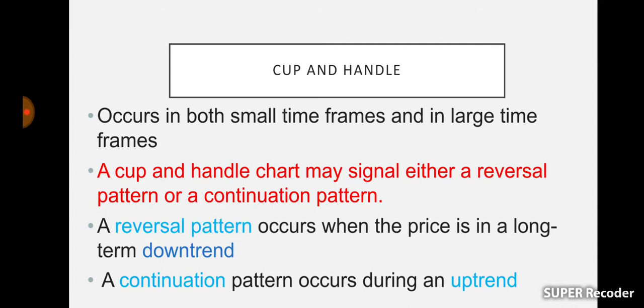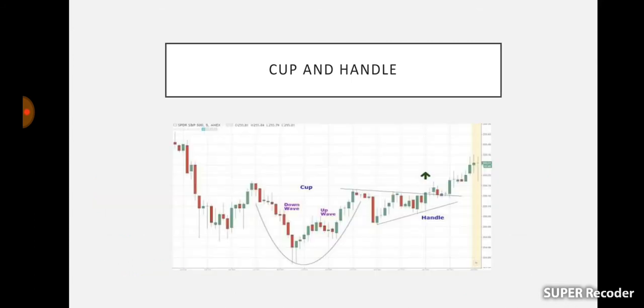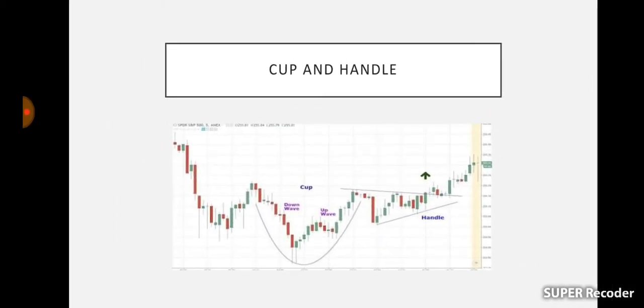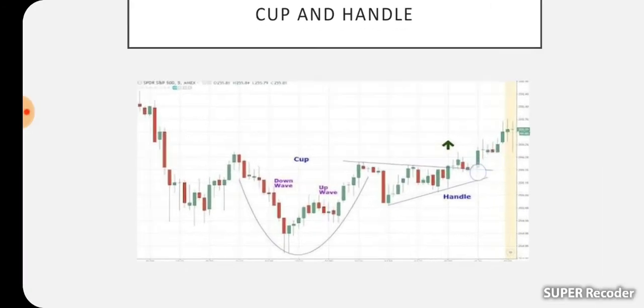A reversal pattern occurs when the price is in a long-term downtrend. That means if there is a long-term downtrend, here it is. After this cup and handle, the price starts rising like this.